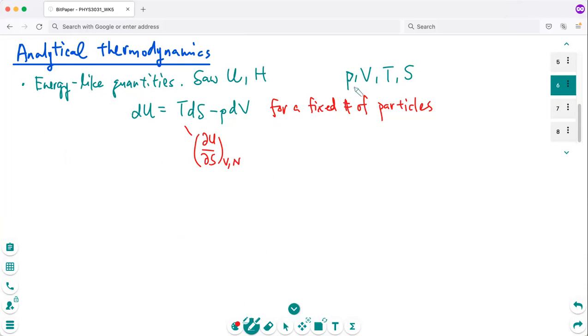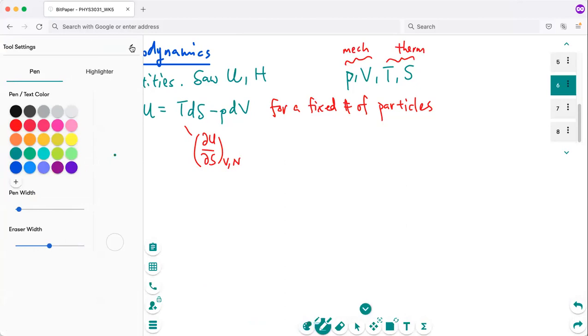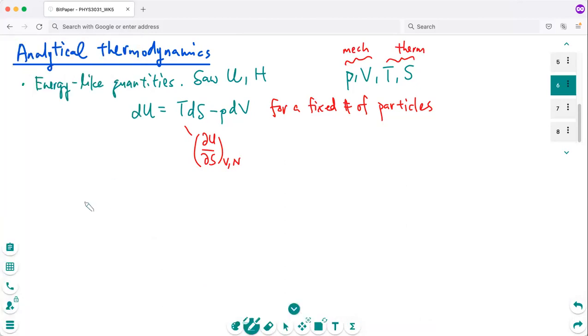Naturally we want something else that can give you the same function. If you look here, we have the mechanical part in the first law, and this is the thermal part. We want other thermodynamic functions that admit other natural variables.